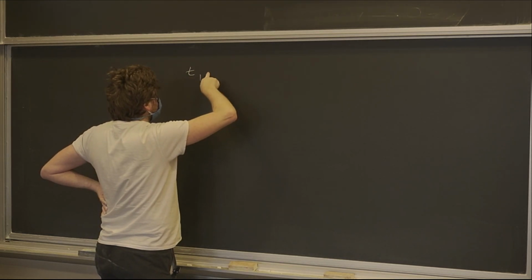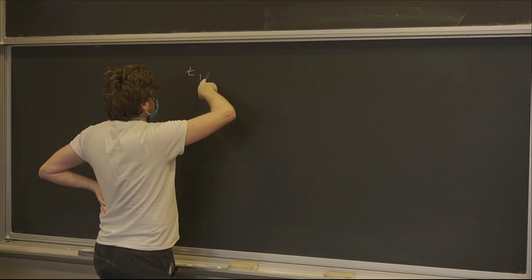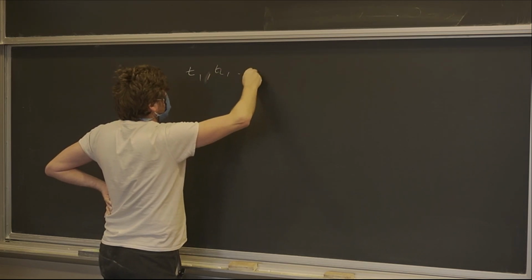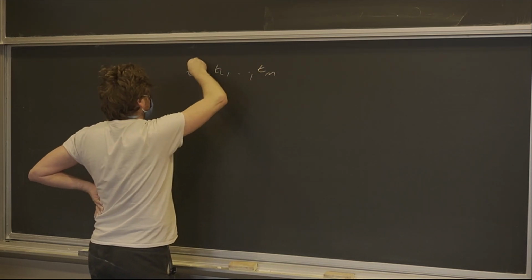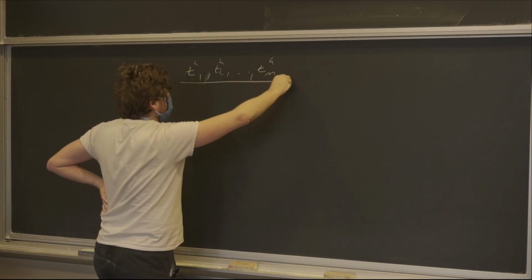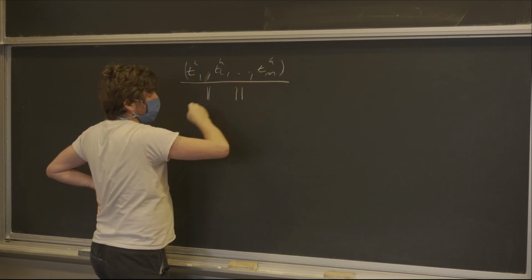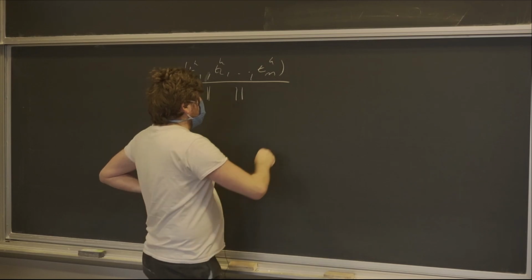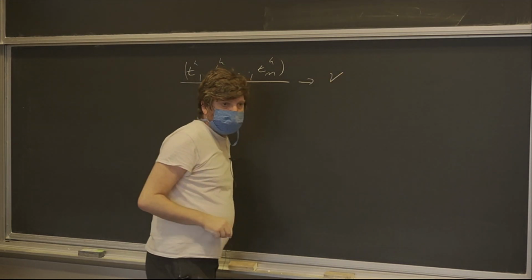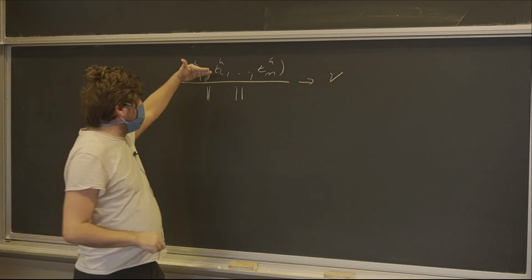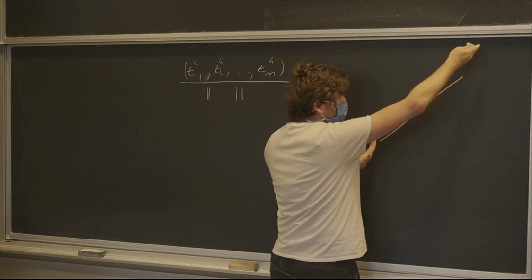You take (t_1, t_2, ..., t_n) at k divided by the norm of this guy, so the maximum of these, doesn't matter who it is. And this goes to some vector b, which tells me that these vectors are approaching some direction.